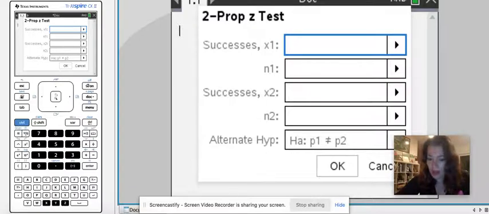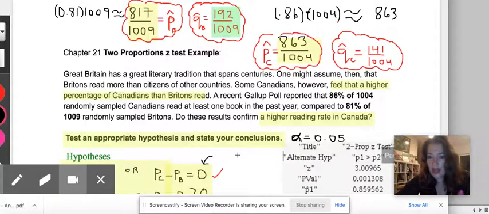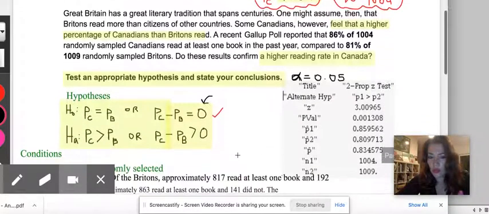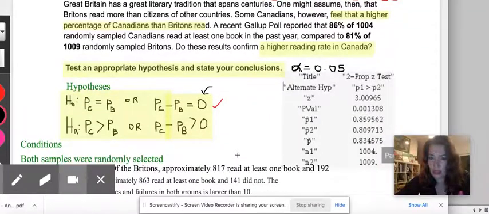So going back to the problem, let's decide which one we will use as the first versus the second. The question asks, do these results confirm a higher reading rate in Canada? First I'm going to write my hypothesis statement. The null hypothesis is that the proportion of Canadians is equal to the proportion of Britons.